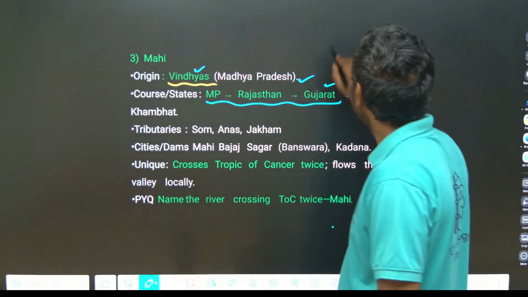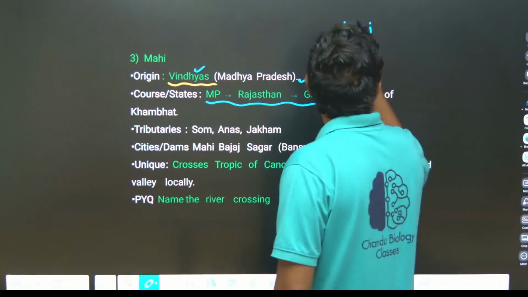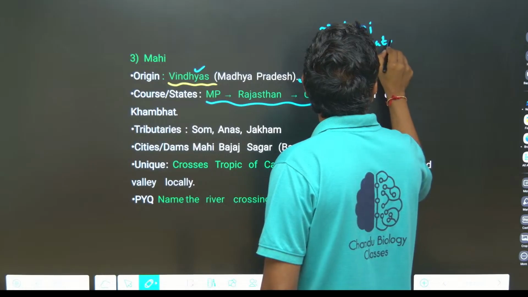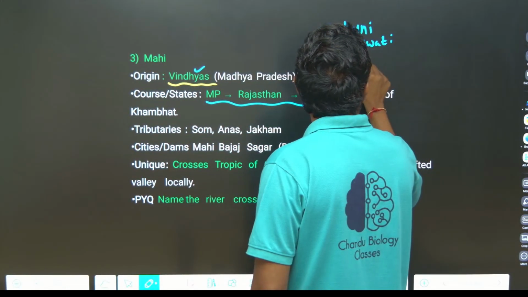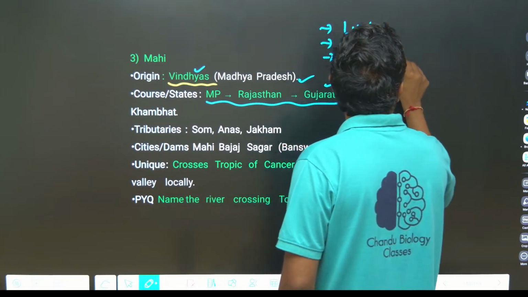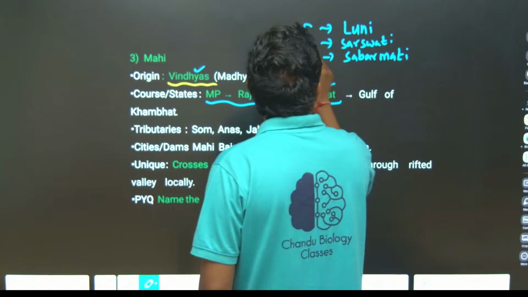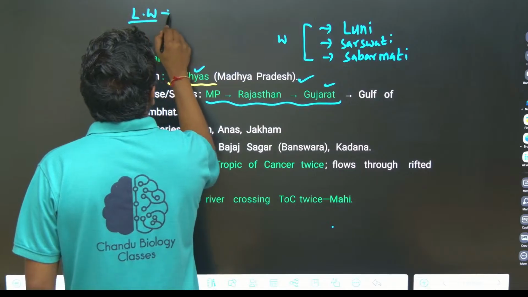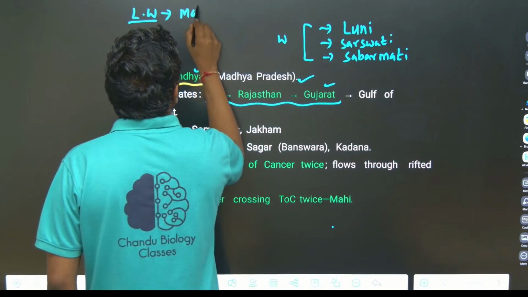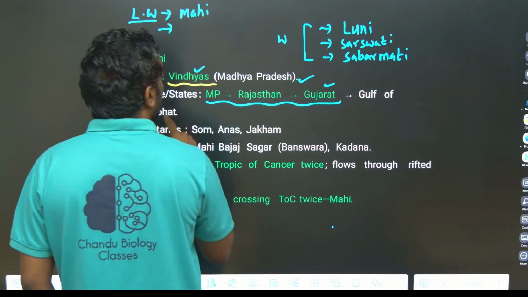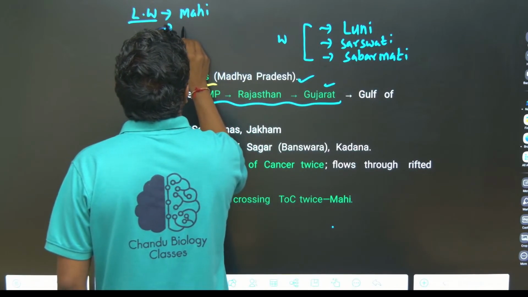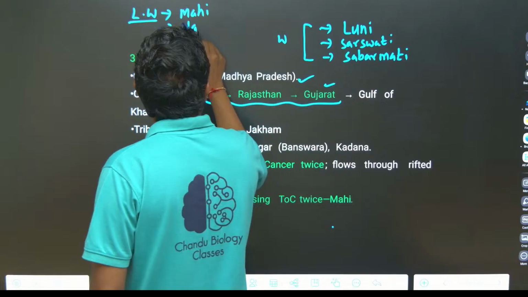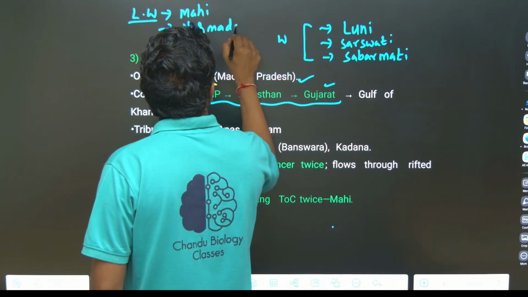Okay, Luni, okay, Saraswati, Sabarmati. These are the small west flowing rivers. Small west flowing rivers. Large west flowing rivers are Mahi, like Mahi is there, Narmada, Tapi.